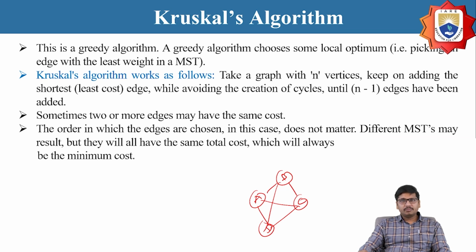Sometimes two or more edges may have the same cost. The order in which the edges are chosen does not matter in this case, but different MSTs may result. But the cost of the spanning tree will be the same and always the minimum.